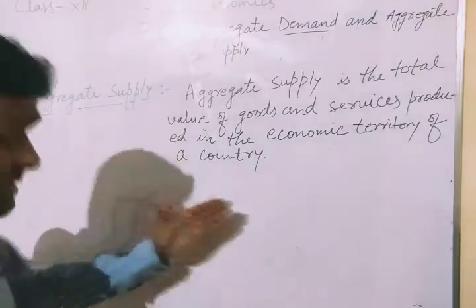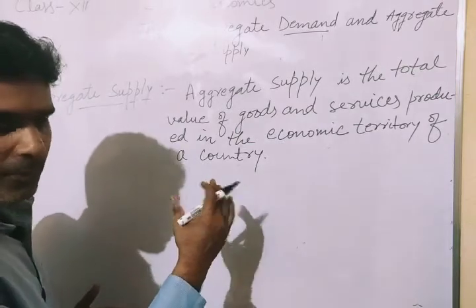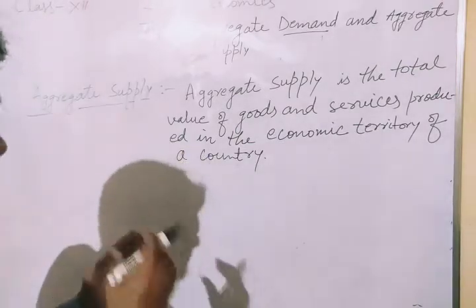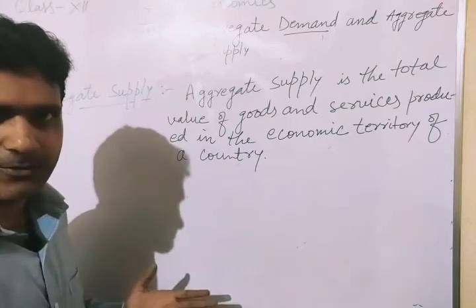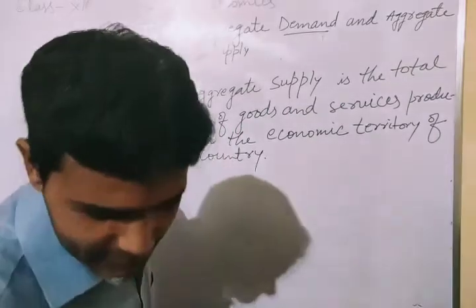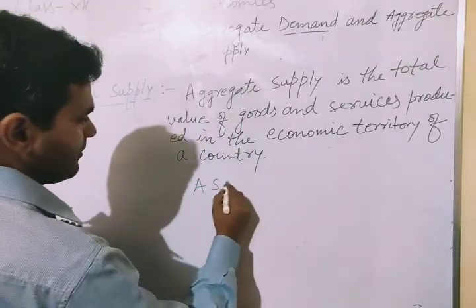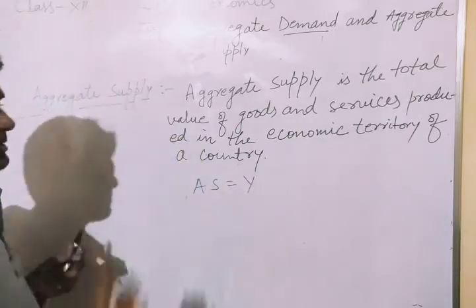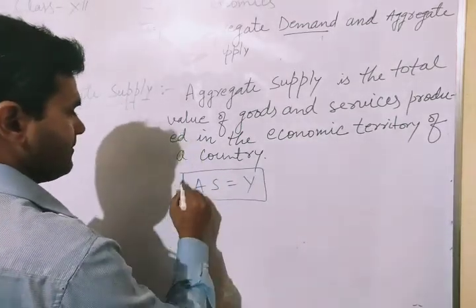In this way, the aggregate supply or the value of output becomes the national income of the country. So we can say that AS is also called national income, or AS is equal to Y.